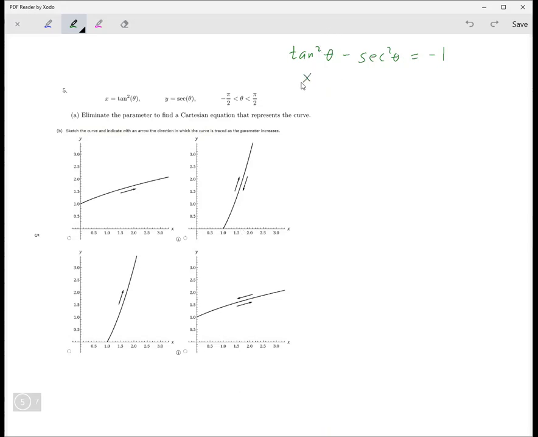But tangent squared is x. Secant is y, y is secant theta, so that means that y squared is secant squared, minus 1. And so if you solve this for x, you get x equals y squared minus 1.